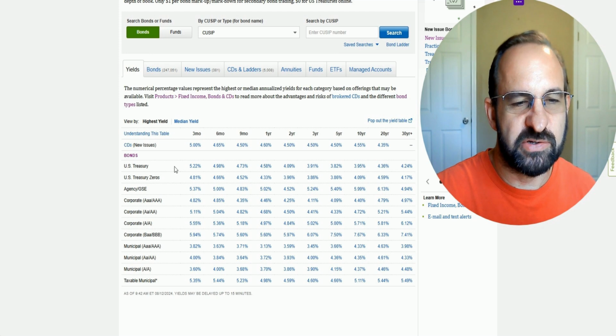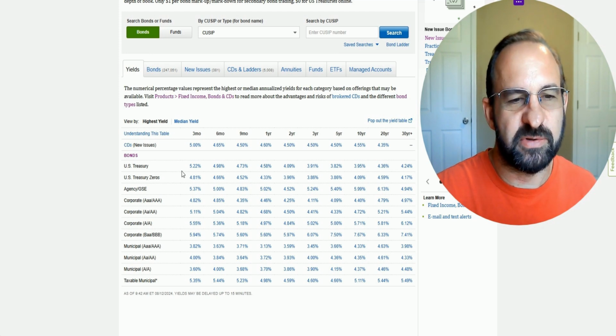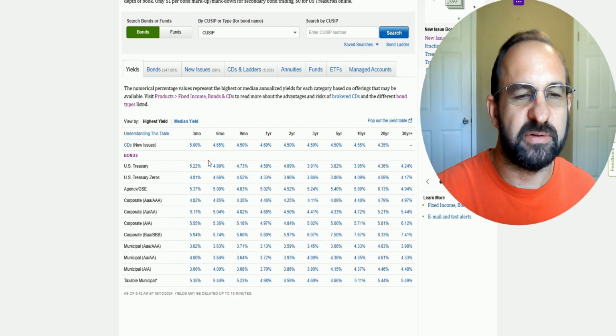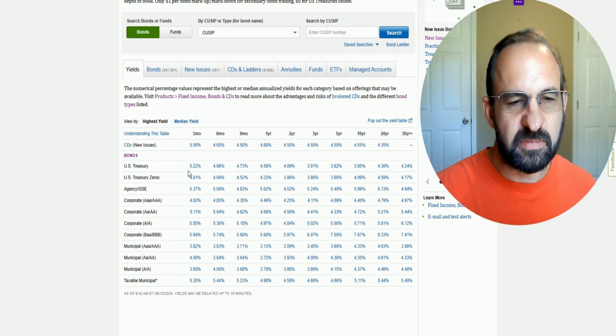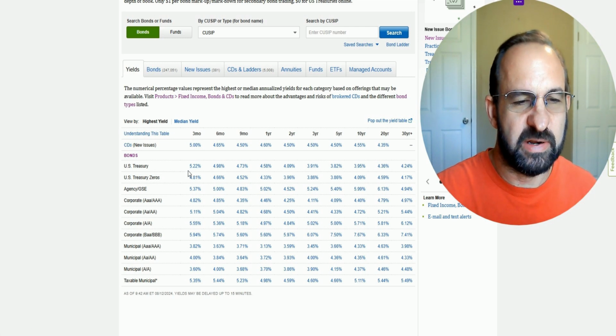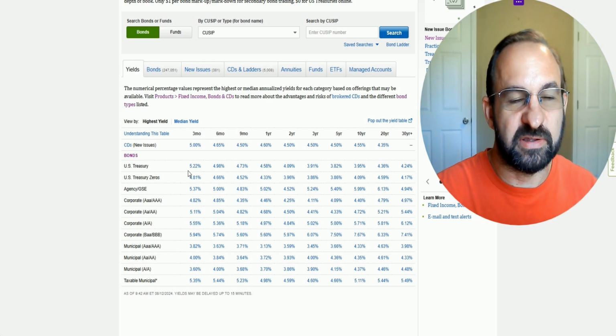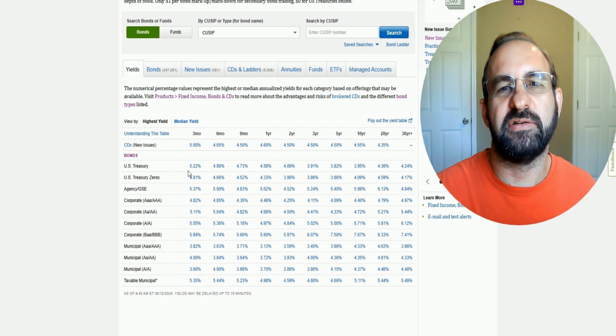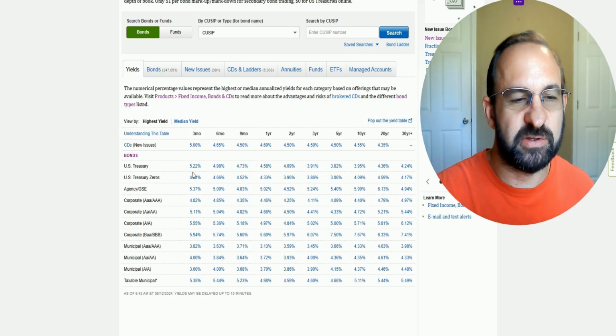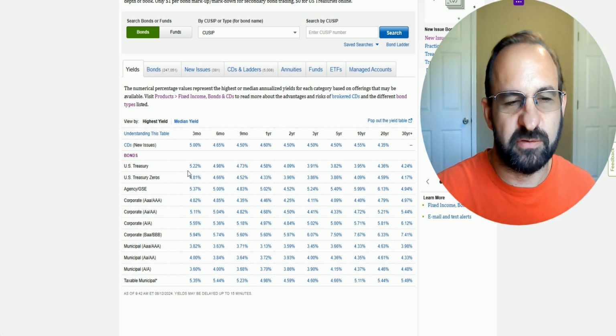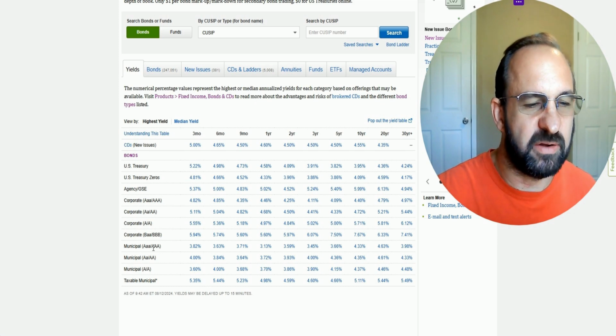If we buy a U.S. Treasury at 5.22% on this 3 month, then I would not have to pay my state taxes. Again, it depends on what state you live in, because you may not even have state taxes, but you don't have to pay state taxes. You have to pay federal taxes if you're in a taxable account.